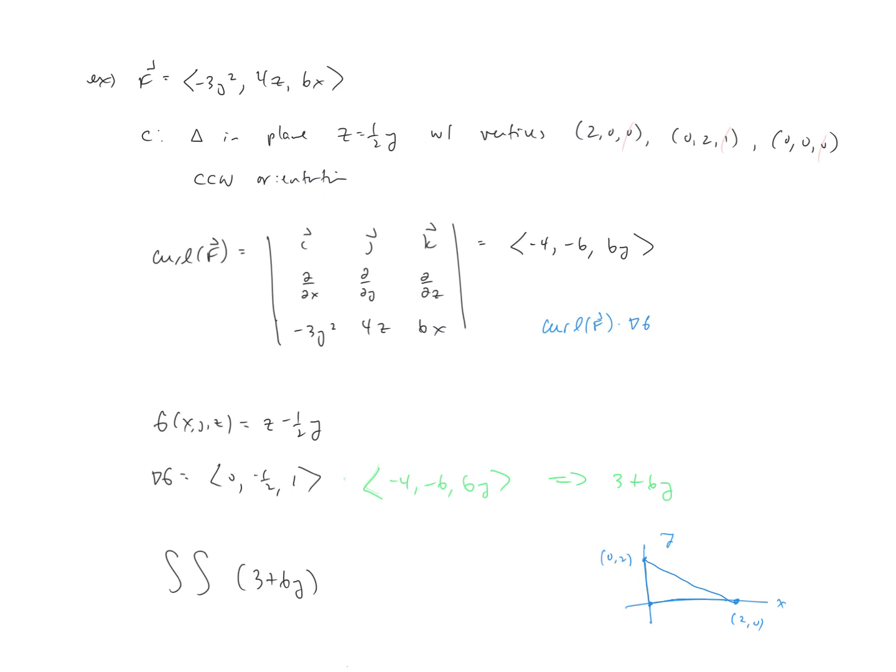So when I come up with the equation of that line, that's going to give me y equals 2 minus x. So it probably makes sense now to go dy dx, where our y is going to range between 0 and 2 minus x, and our x value now is going to go from 0 to 2. So there's your setup on that one.